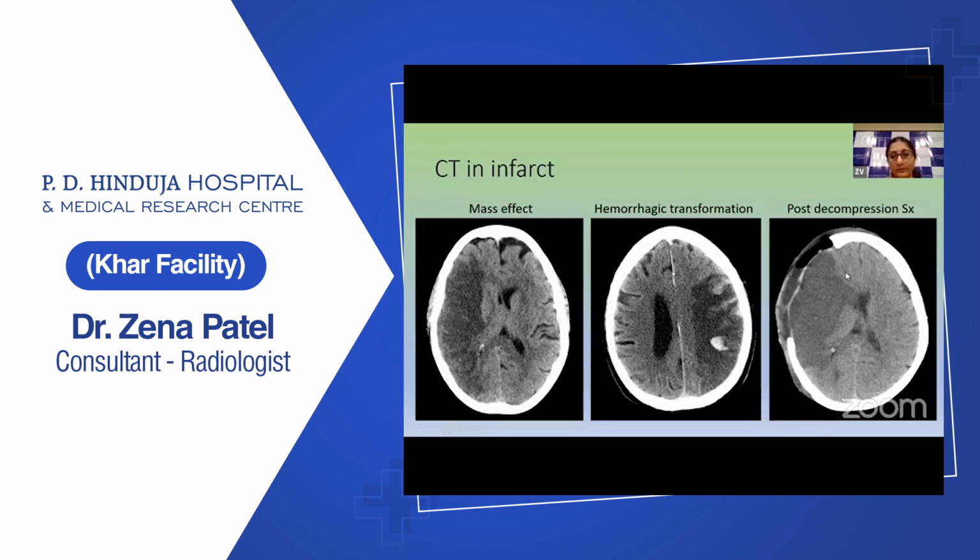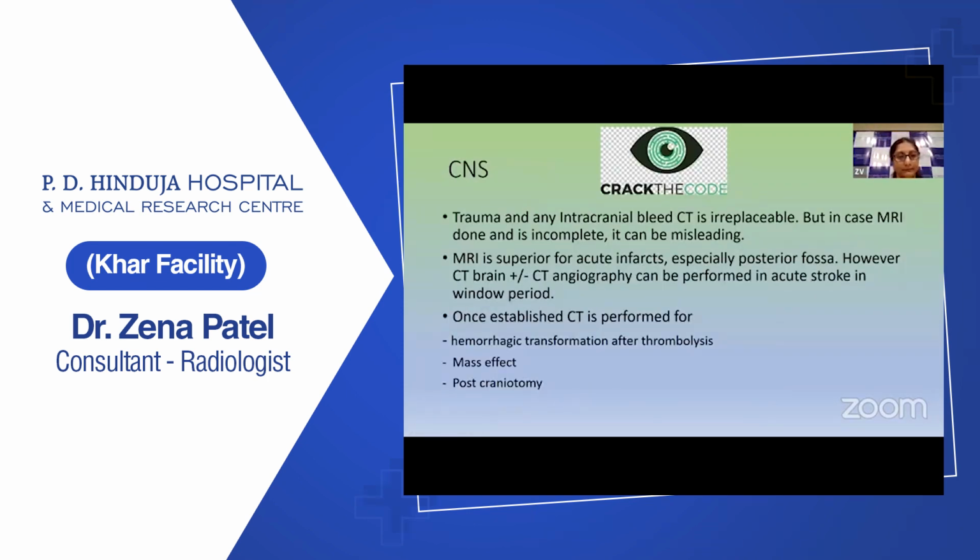And lastly, when a surgery has been done for decompression, the post-operative follow-up is done on a CT scan. So I've highlighted all the points through the examples, and most important is trauma and any intracranial bleed.